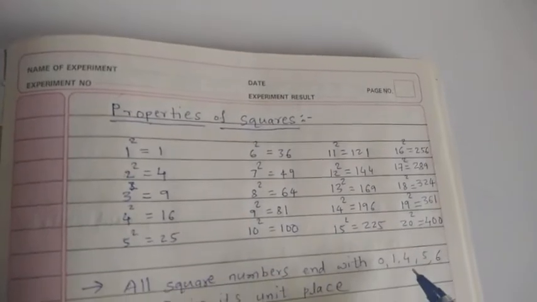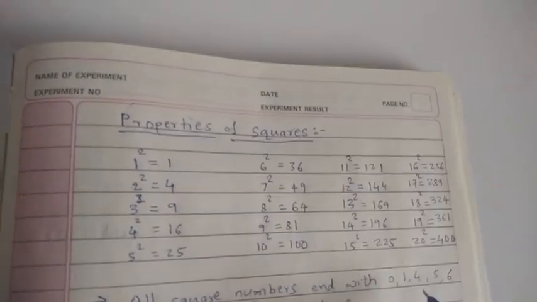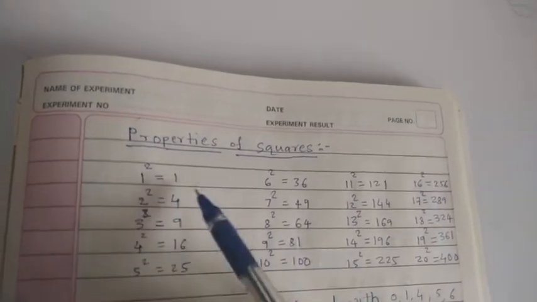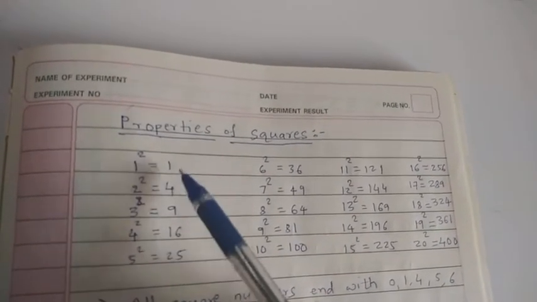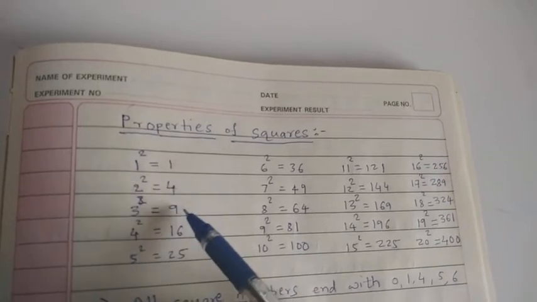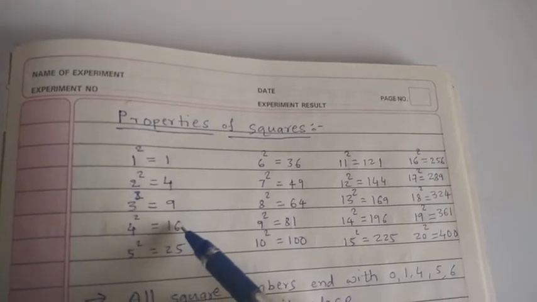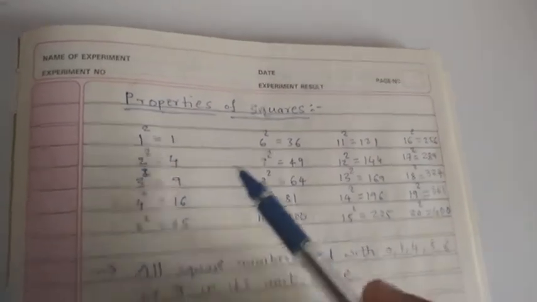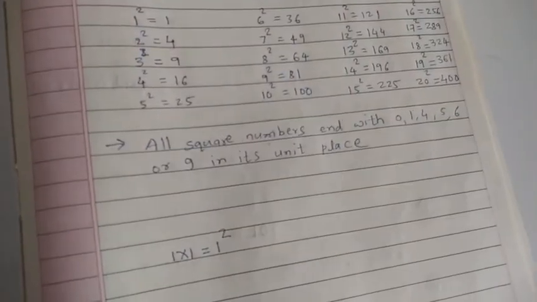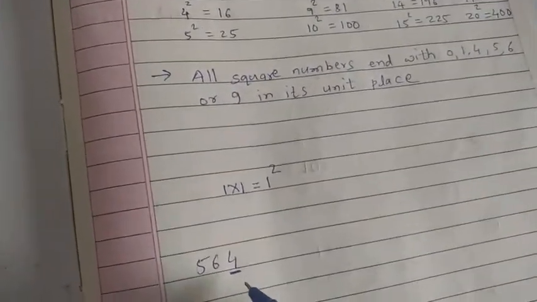Here you have to observe that in all these square numbers, in the unit place, we see 1, 4, 9, 6. I am telling about the unit place, which all of you know. For example, in 564, the 4 is in the place of unit.